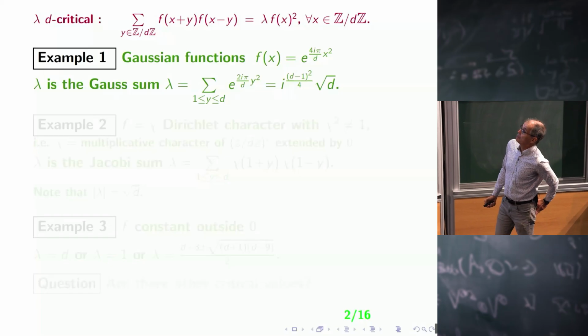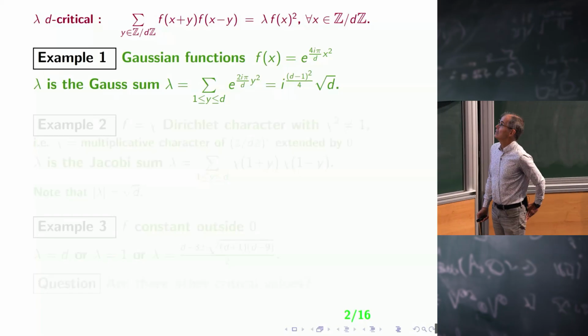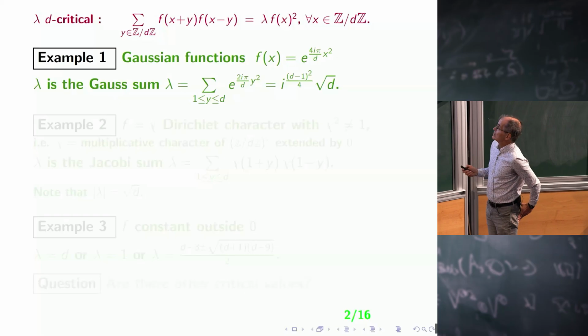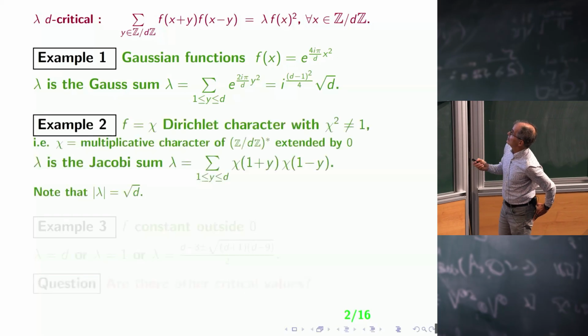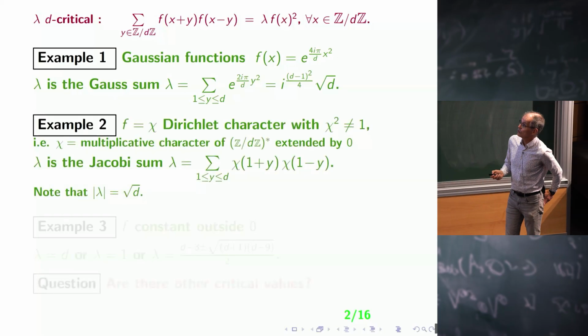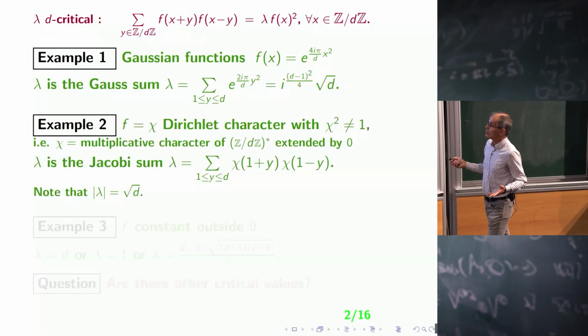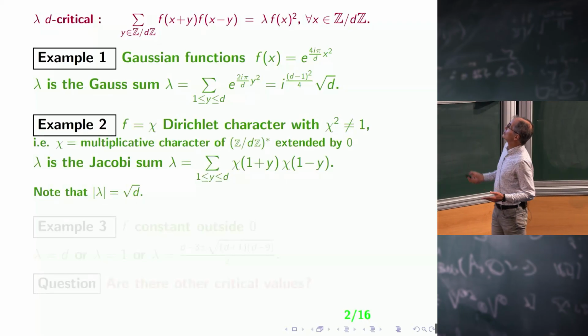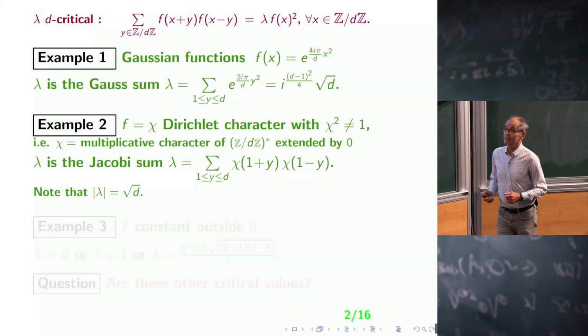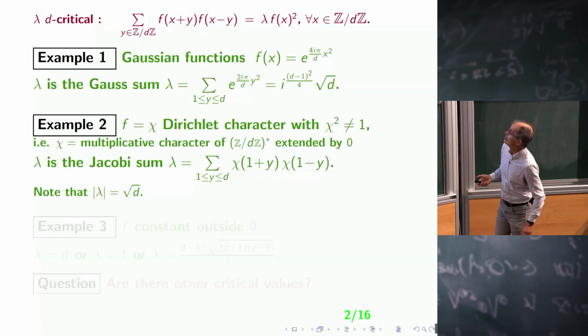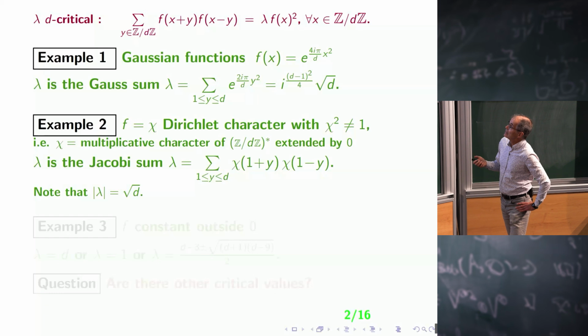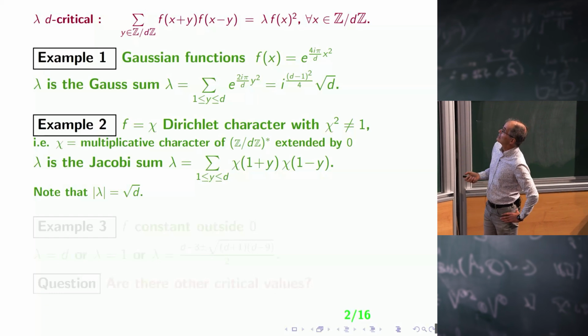Nice example of D-critical value. You can do something slightly different. You can take a character of the multiplicative group extended by 0. And when the square of this character is not trivial, in fact, it's a solution of this equation. Let's check it, say, at a point which is invertible.